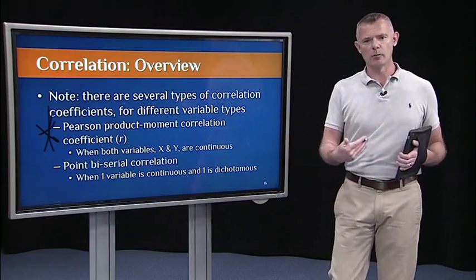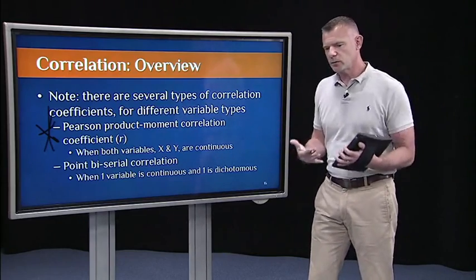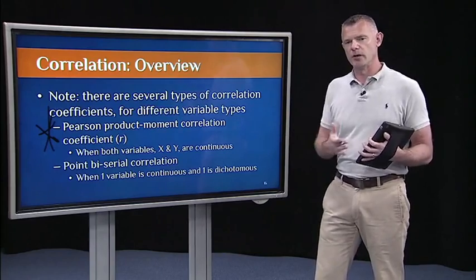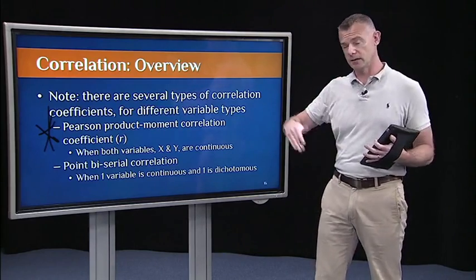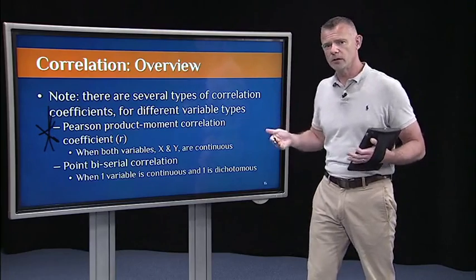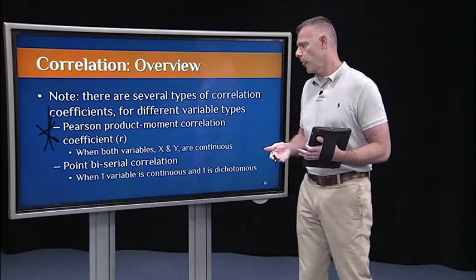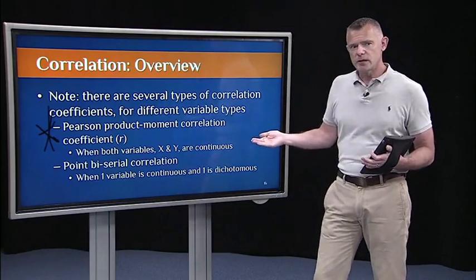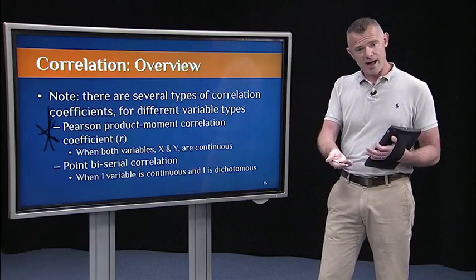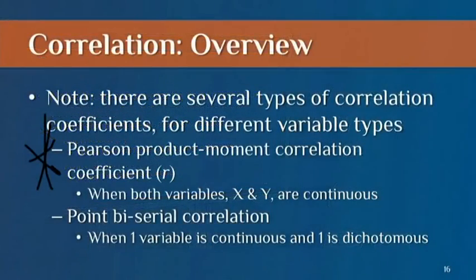And that's the most common one, because it provides us with the most amount of information. We have a continuous variable x and a continuous variable y, and we can look at the correlation between the two. If one of our variables is continuous and one is dichotomous, if it's just 0 or 1, then there's a different coefficient. It's called the point biserial correlation coefficient.